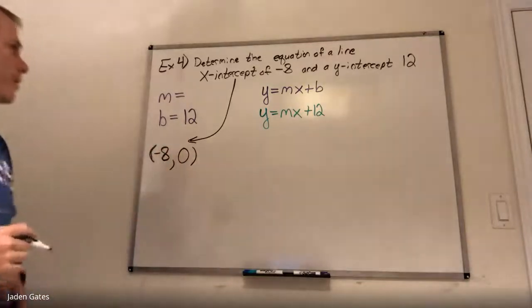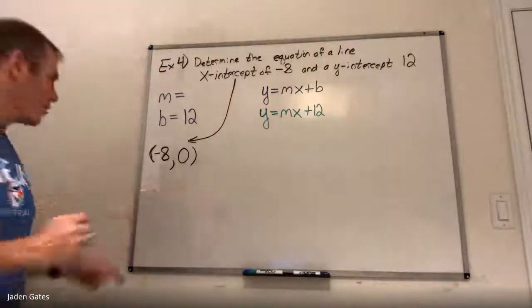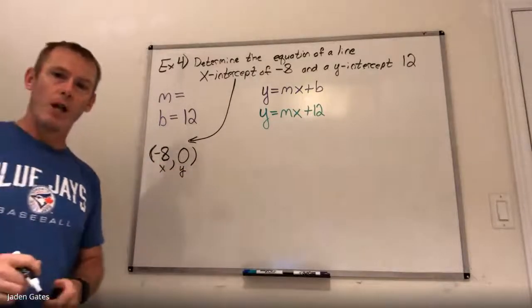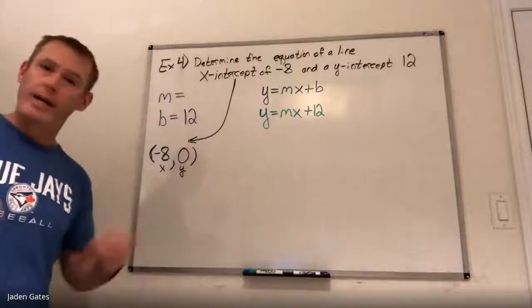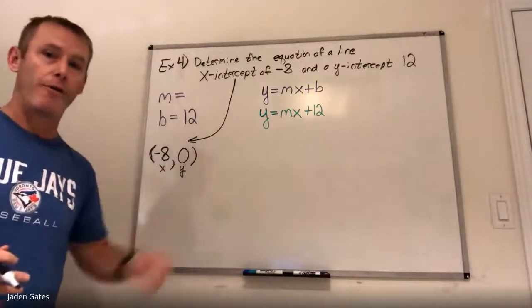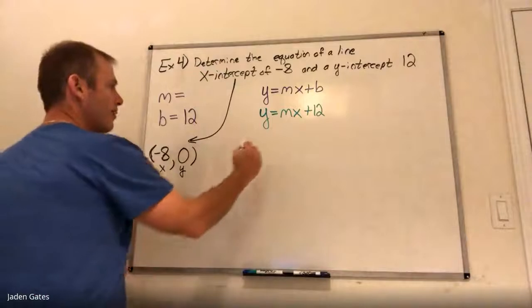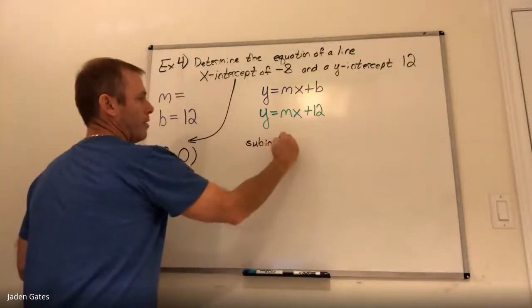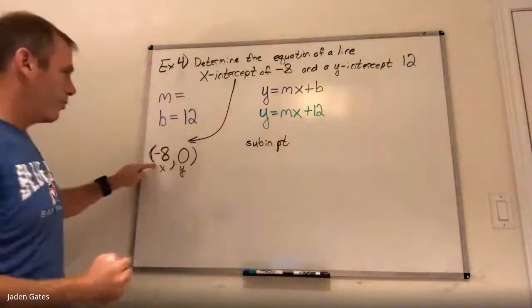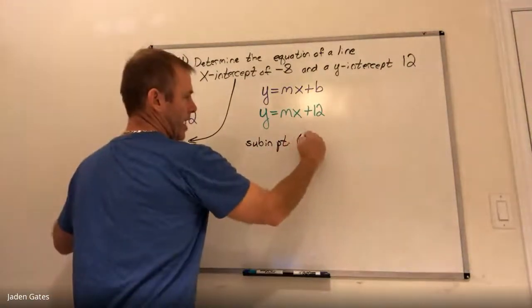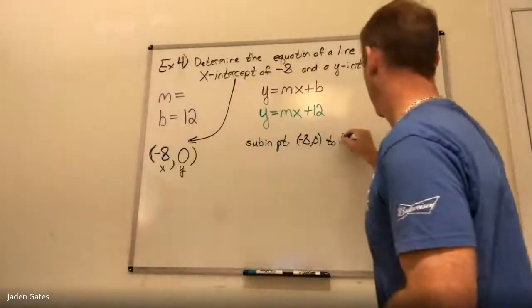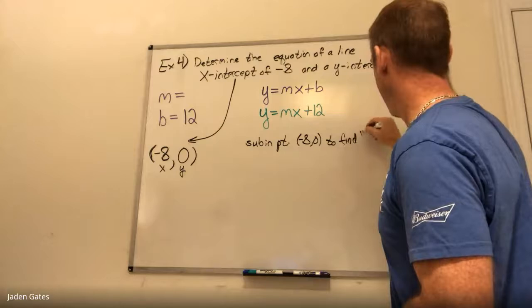All right? So now that is an x and a y that work because, again, that point is on the line. So my finishing move is the same, only this time I'm finding the slope instead of the y-intercept. But same idea: I'm going to sub in that point, that x-intercept, which is -8, 0, and this time find m.